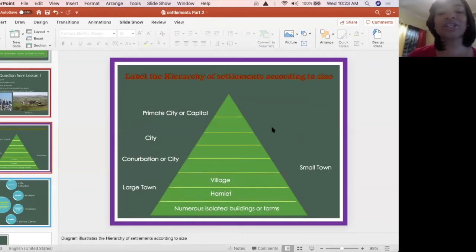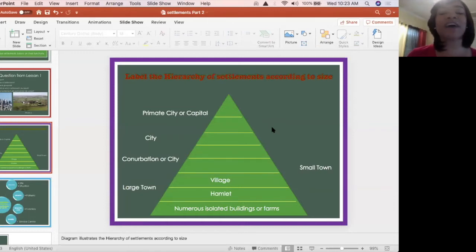So as we continue to build up our settlement hierarchical structure, I'm going to give you another clue. Okay, so number 4. There are 2 of these.